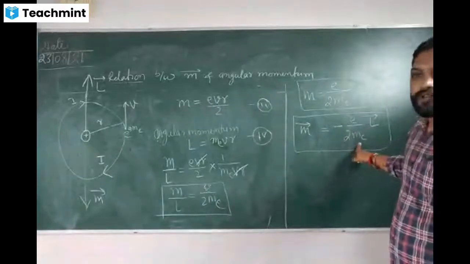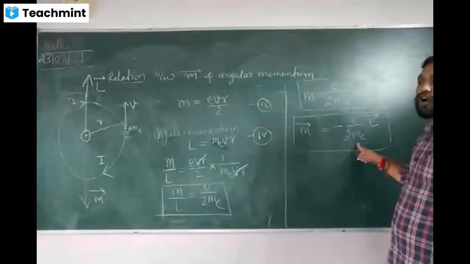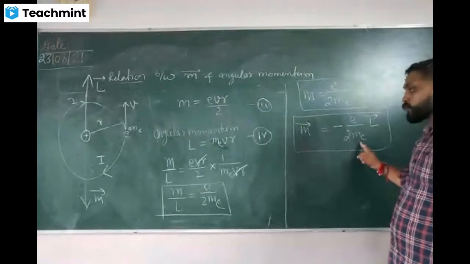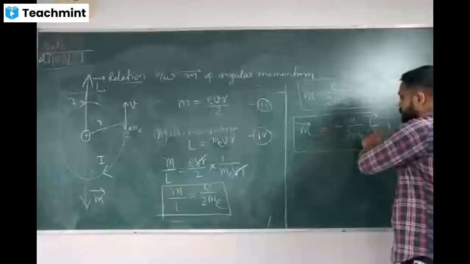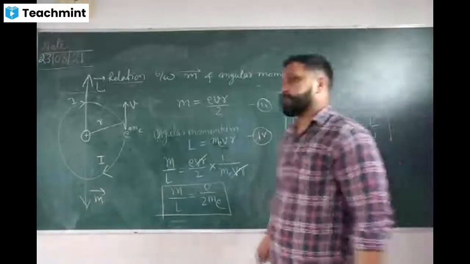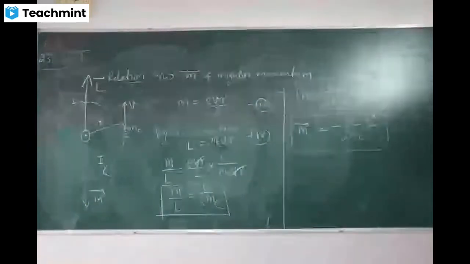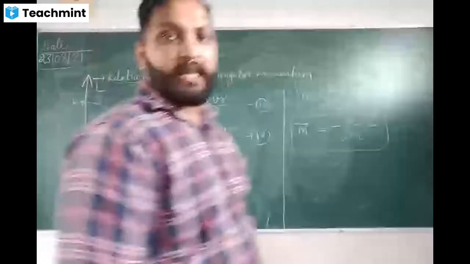Do not get confused: M means magnetic moment and m_e means mass of the electron. So this is the relationship between magnetic moment and angular momentum. Note it. These things are very, very important. Without this, you are not able to do anything with directions and all.